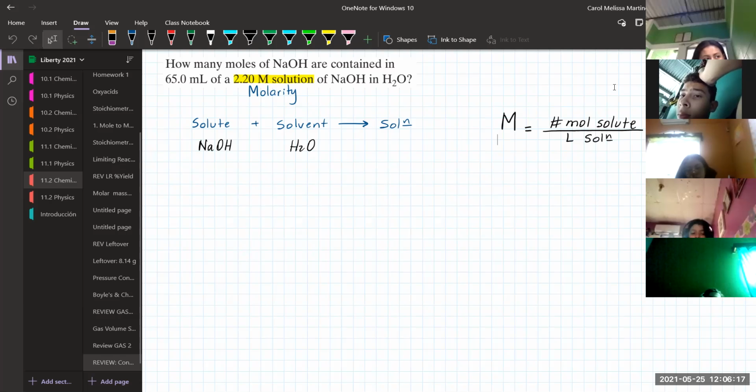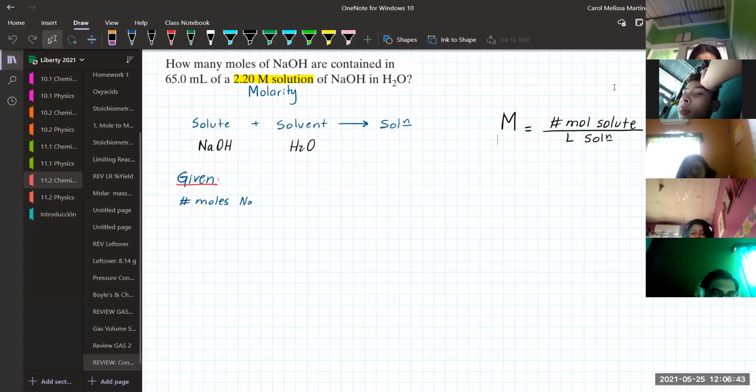So, what do we need according to the formula? We need the liters of solution, we need the moles of solute, and we need the molar concentration. So these are the givens. They're asking us about the number of moles of NaOH.